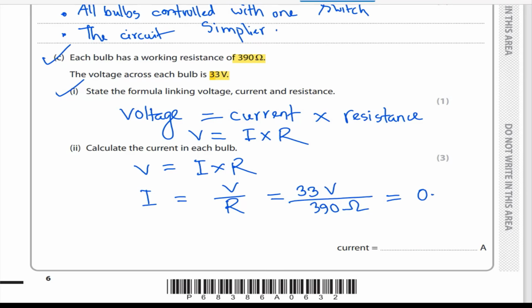So current 0.085 ampere. Unit of current is ampere. So answer 0.085 ampere.